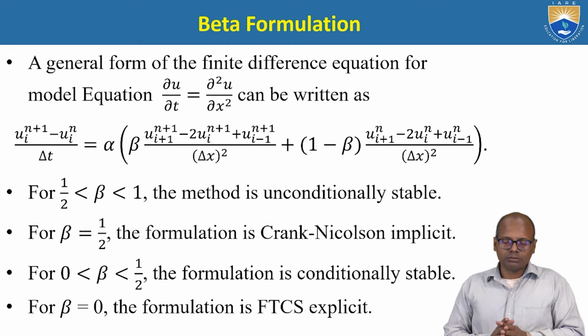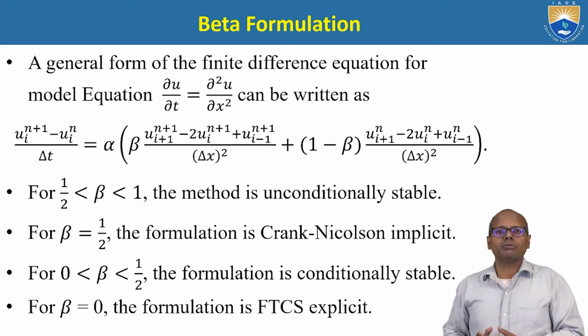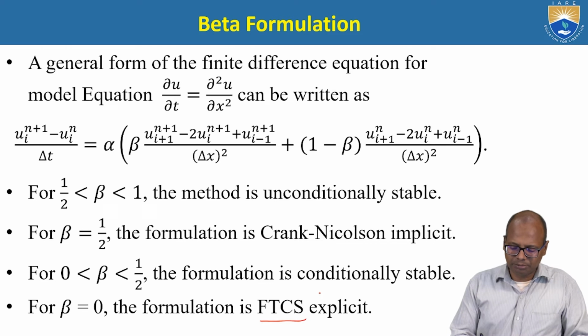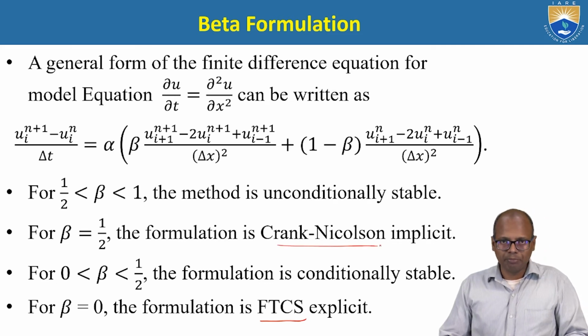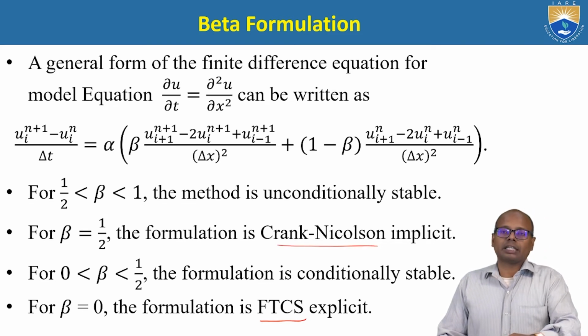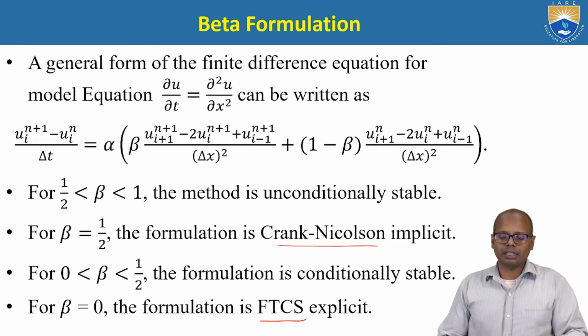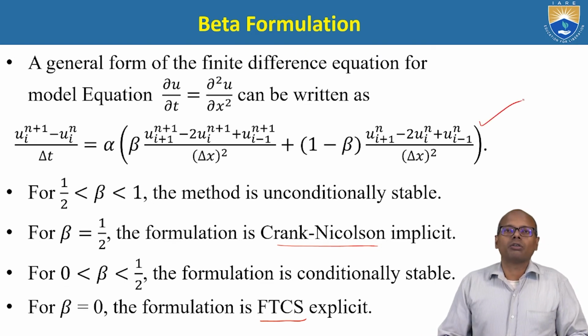Now there is a general formulation called the beta formulation. What is this beta formulation? Already we have done many formulations like the FTCS scheme, the Crank-Nicolson scheme, etc. Now all these schemes can be represented in this beta formulation.